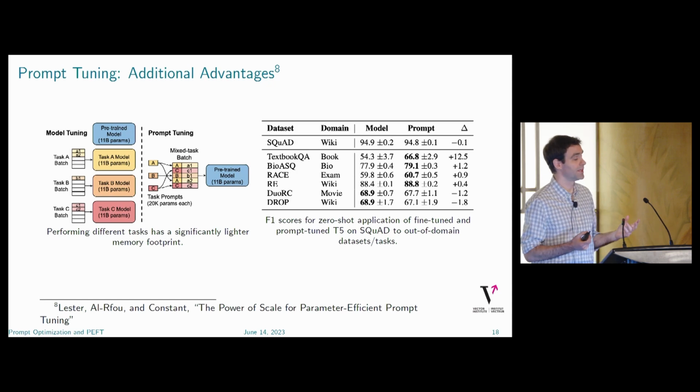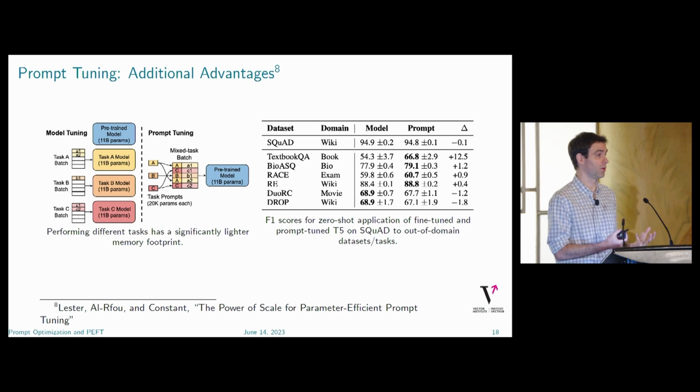There are additional advantages to prompt tuning and to many of the parameter-efficient fine-tuning methods that I'm going to talk about. The first is mixed batch tasks. In order to get an underlying model to perform different tasks in this approach, all you have to do is couple your input with the embeddings that you've trained associated with the task involved, and then everything flows through the model itself.